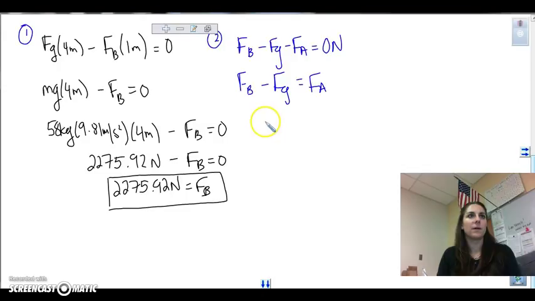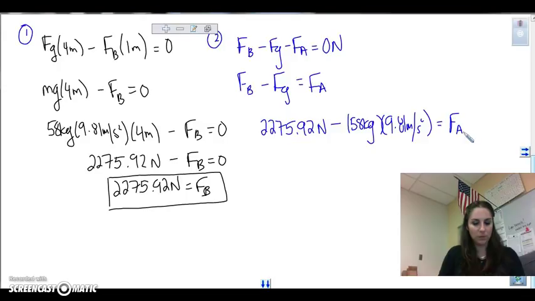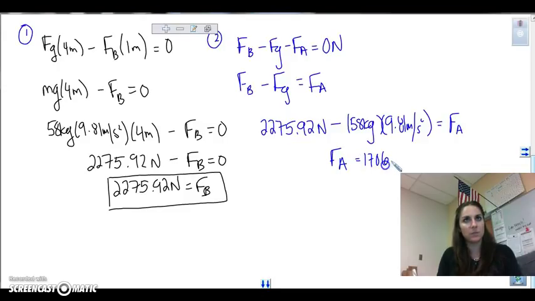So here we go. FB, which is going to be 2275.92 newtons, minus the mg is equal to FA. So this minus mg. The force in A is 1706.94 newtons.